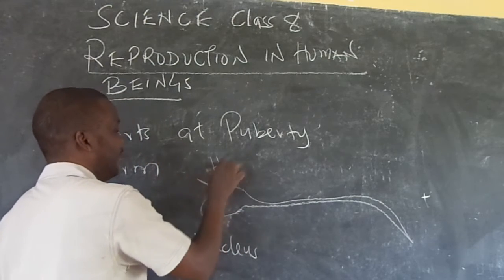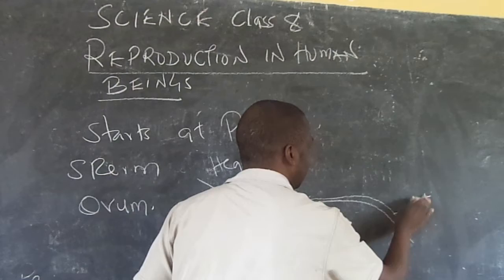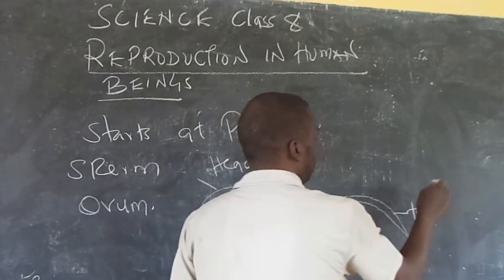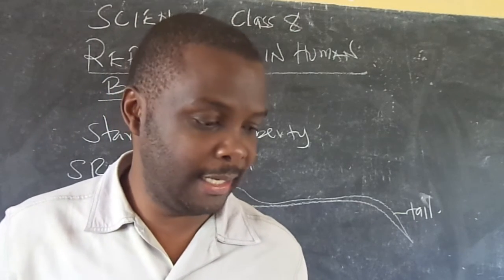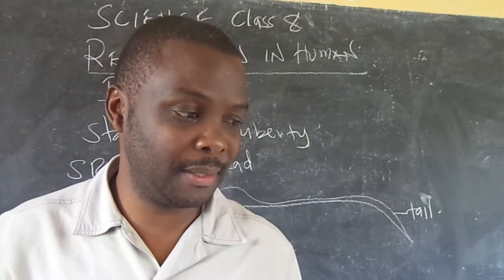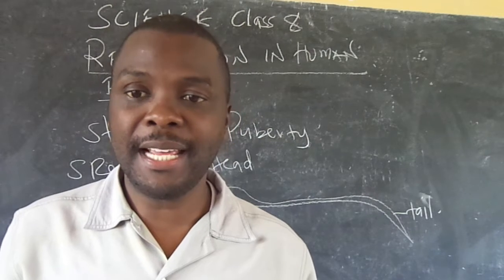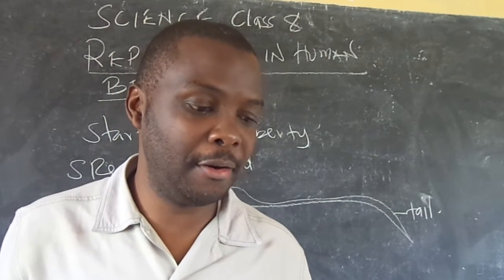This is the head, and then this is the tail. So in a single ejaculation, a male produces a million sperms, so many sperms. But during fertilization, only one sperm fertilizes the egg.